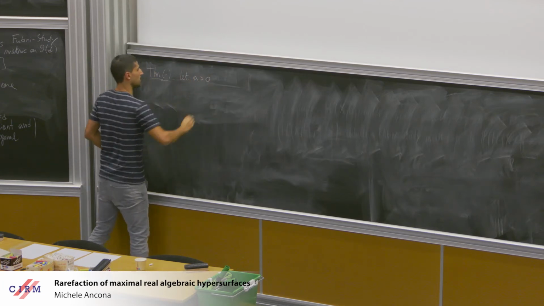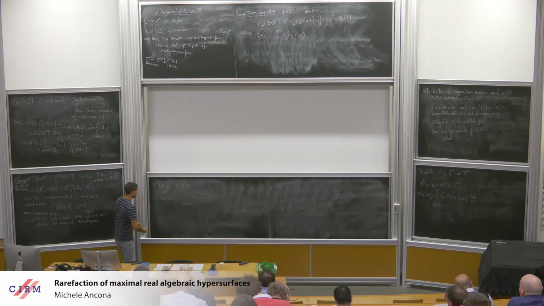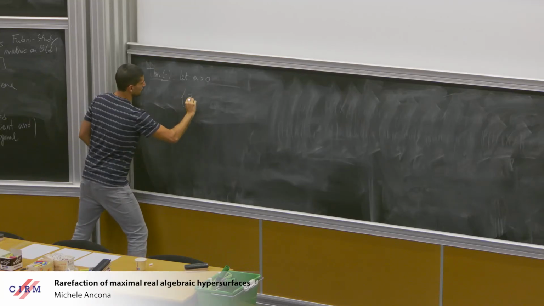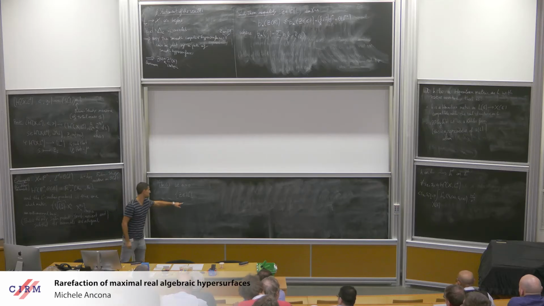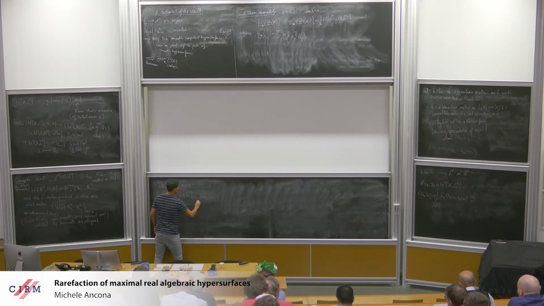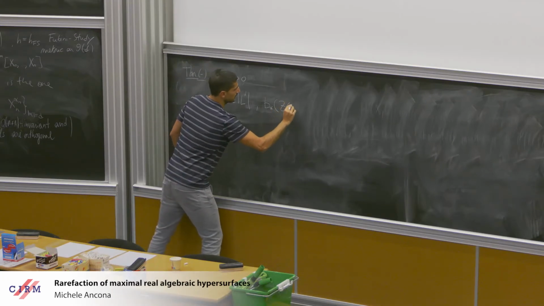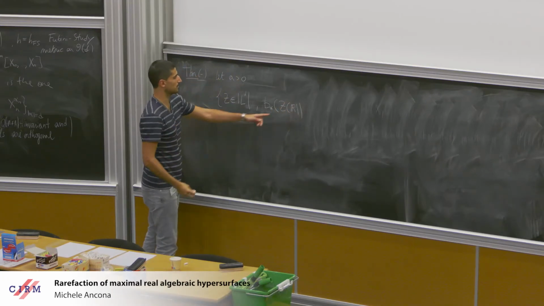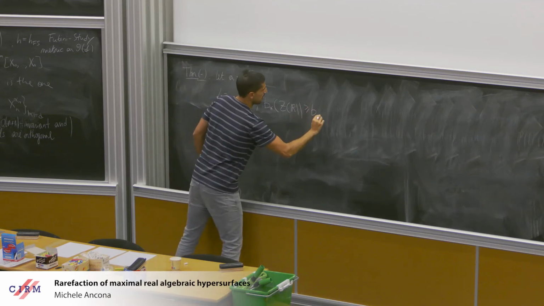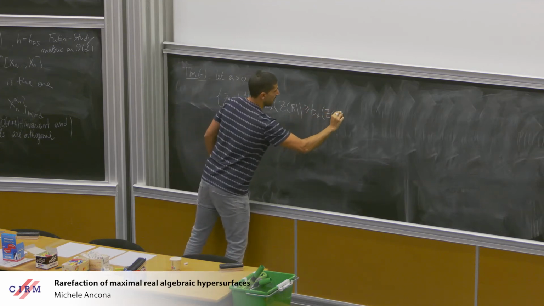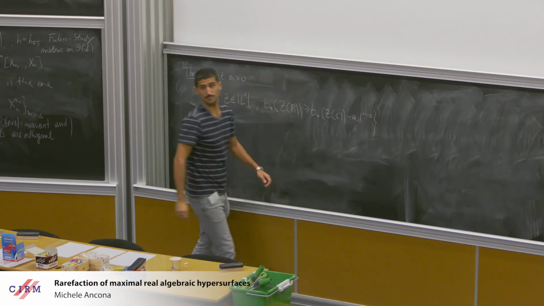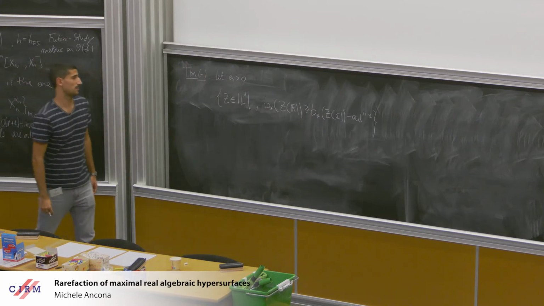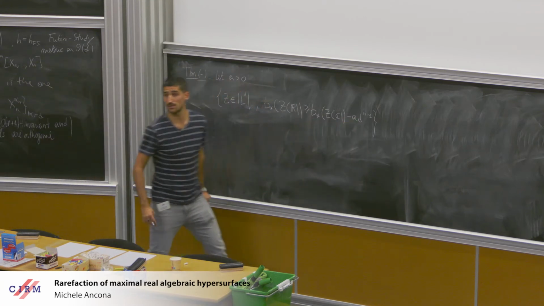So we fix a positive real, A, and we look at the set of real algebraic hypersurfaces defined by L power D, hypersurfaces that have, let's say, a total Betti number almost the maximal, with this correction here.